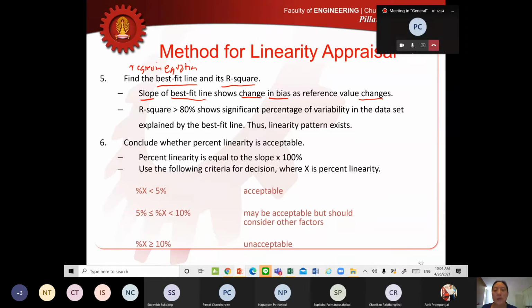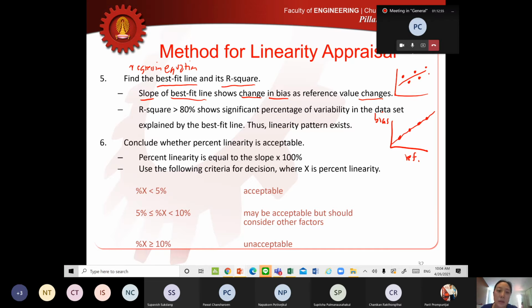And if you remember R square, if this is the true relationship between bias and reference values, like this, you can fit a line exactly onto all the points.